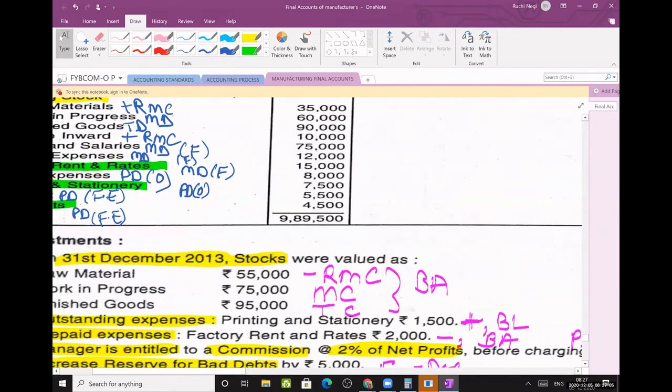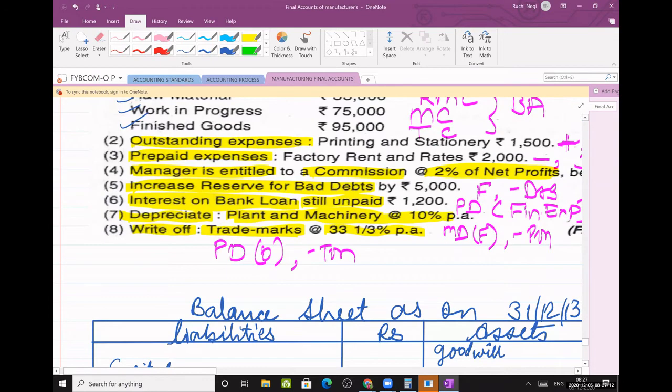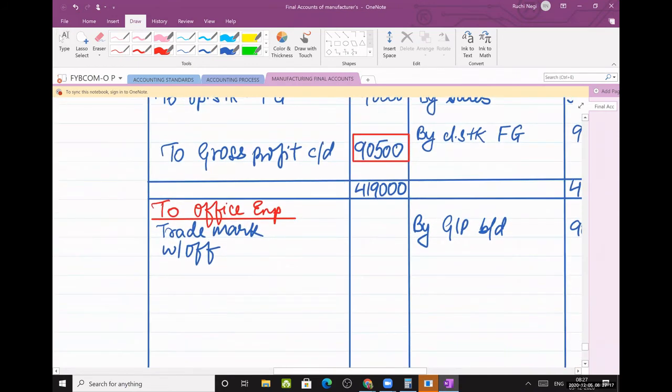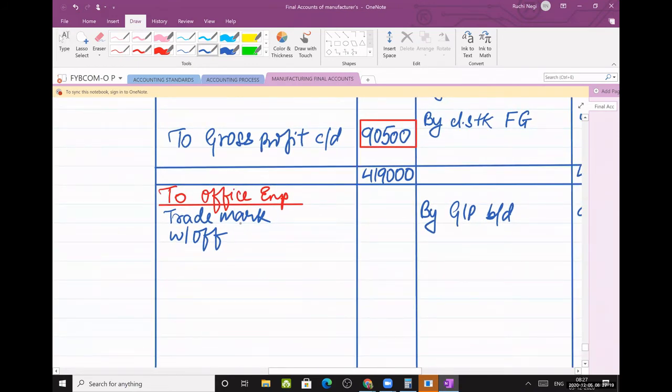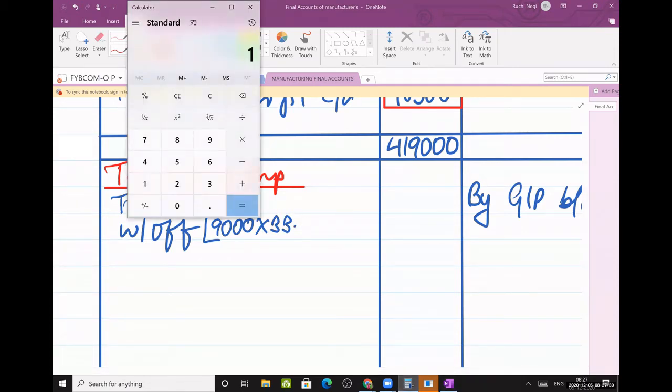I forgot the figure. 9,000, at 33 1/3%. So I'm writing it here. 9,000 of 33 1/3. Now see how much is 1/3: 1 divided by 3, so 0.3333.